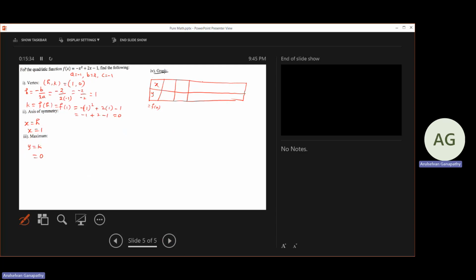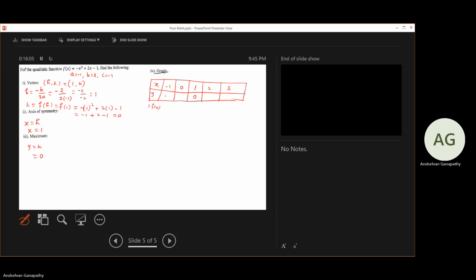To get the 5 values, we take the middle value as h value. H value is 1. So let's take 1 here. The next number 2, the next number 3. Before 1 we have 0 and -1. Now when we put 1 in this, we got k. K is 0. So already we got that value.